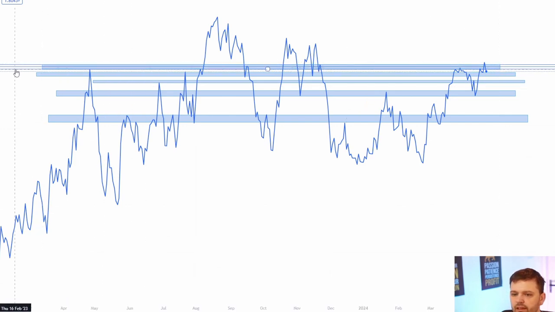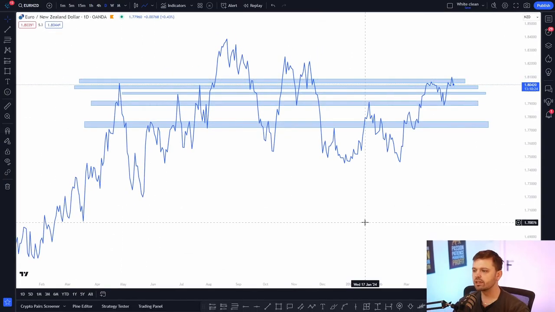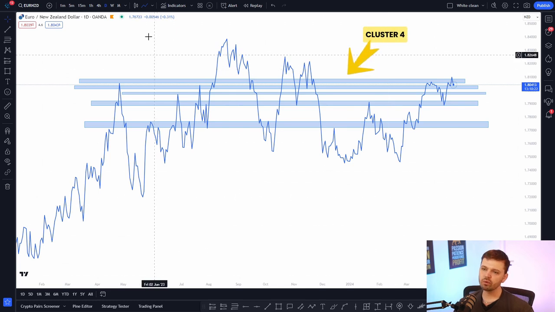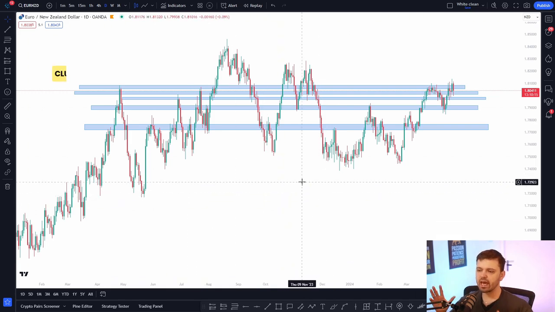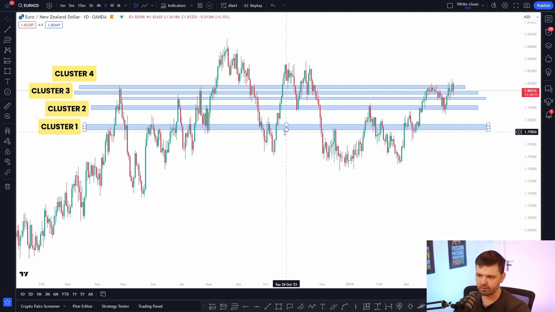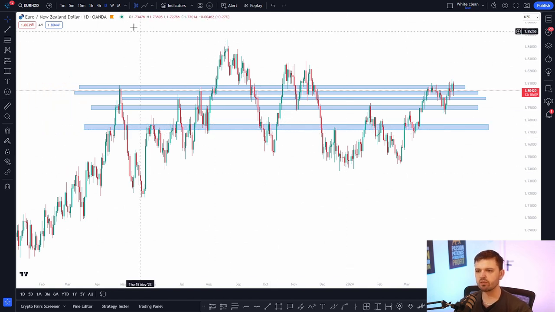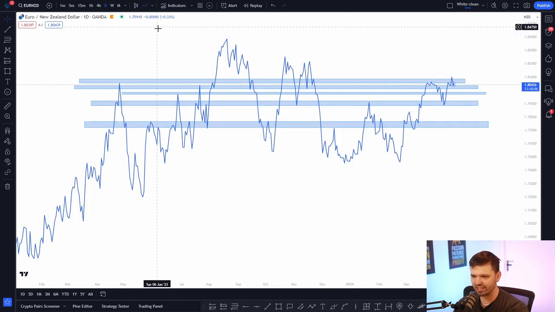This might not make a lot of sense watching this on a line chart, but look what happened when we switched to the candles. You see here the levels that I've added on the line chart. Now the candlestick chart is much messier, if you will, because you've got the wicks and everything, and when you switch over to the line chart, it's a much cleaner chart, right?